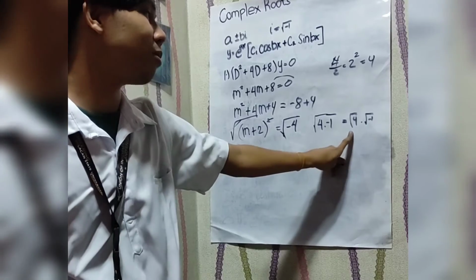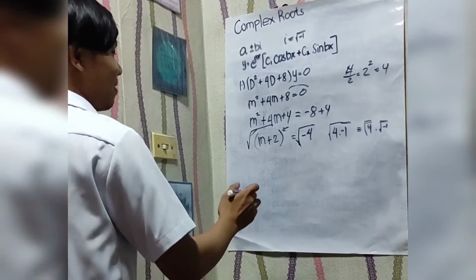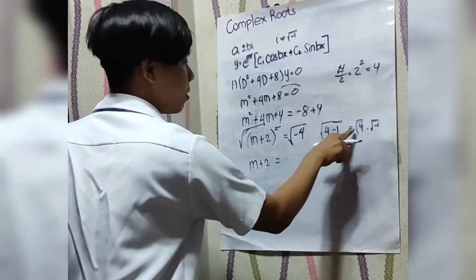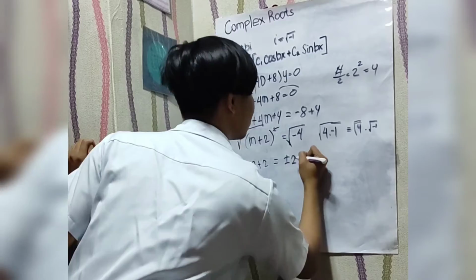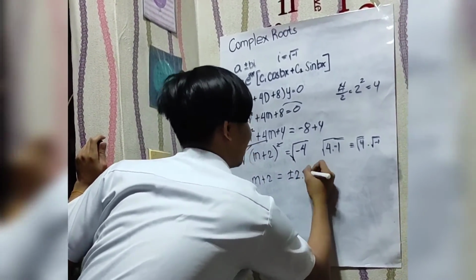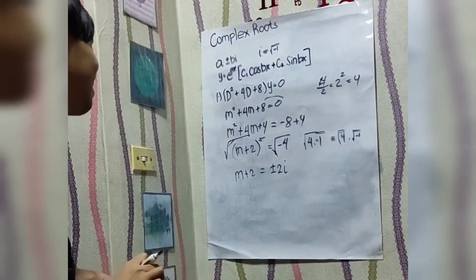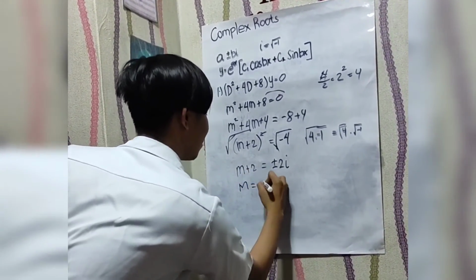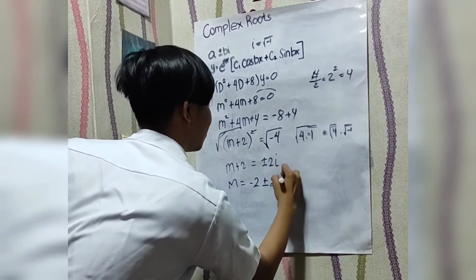Tapos, ang square root ng 4 is plus and minus 2. So, sulat natin siya as m plus 2 is equals to plus minus 2 times i. Tapos ililipat po natin dito. So, m is equals to negative 2 plus minus 2i.